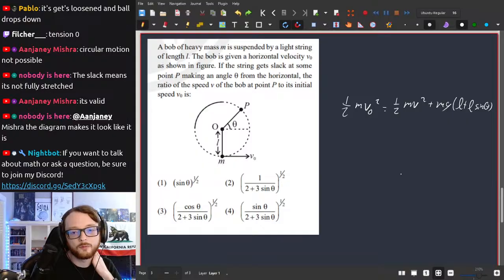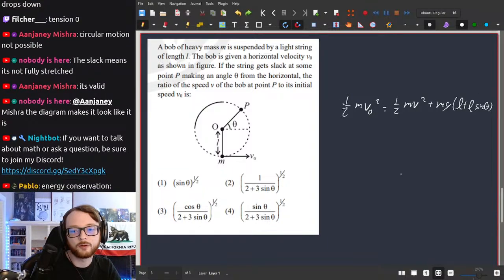We need another piece of information, don't we? So I would like to just divide through by that or something. But that means we're gonna end up with the V naught squared over here, and that seems bad.